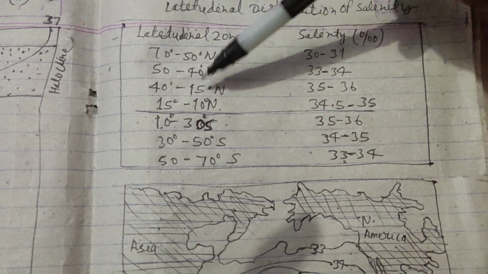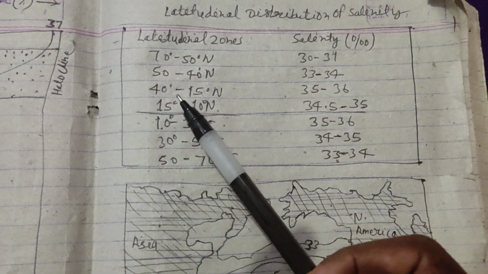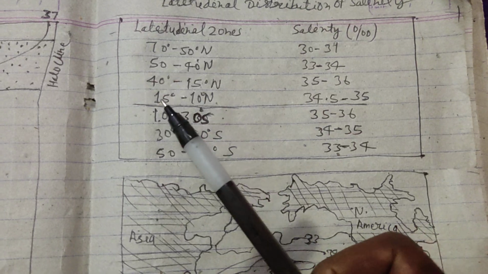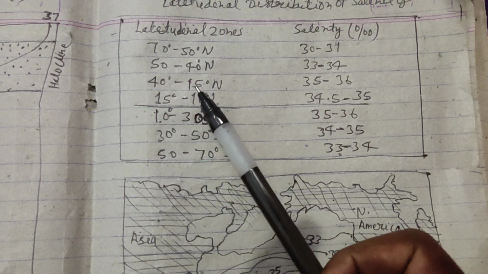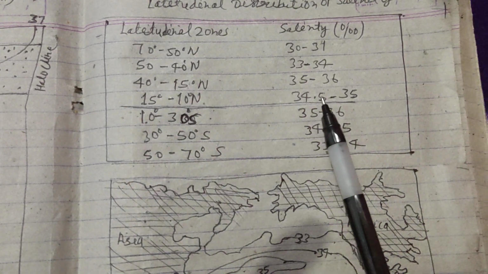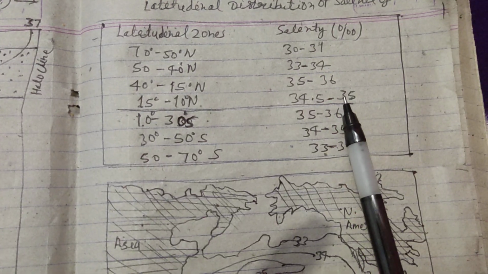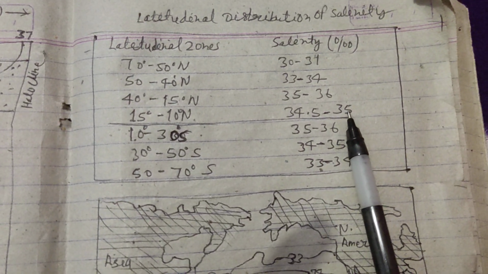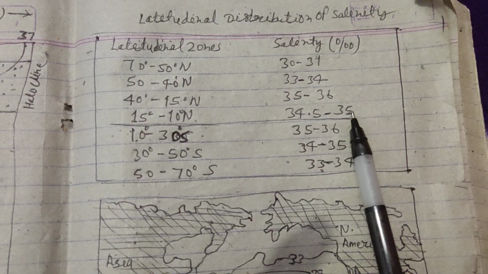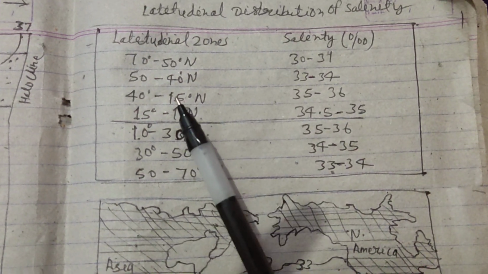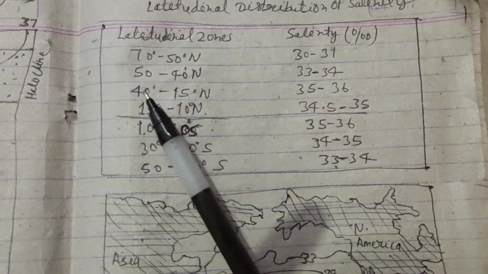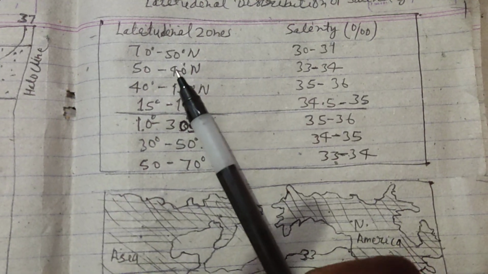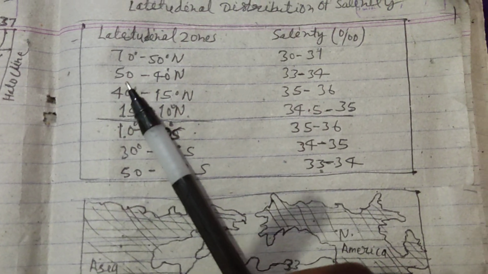This is the latitude. You can see here 10 degree north to 15 degree north, 34.5 to 35 gram salinity in 1 kilogram of ocean water, and this is the 15 degree to 40 degree north latitude. This is the 40 degree to 50 degree north latitude.